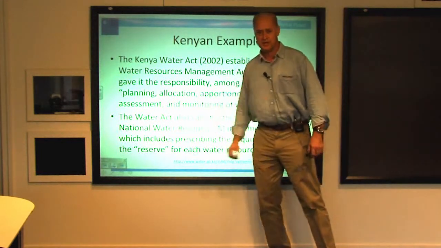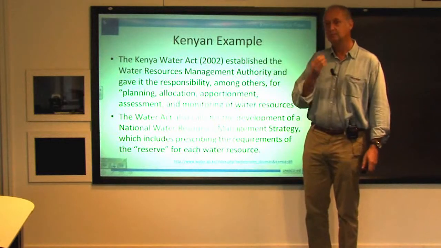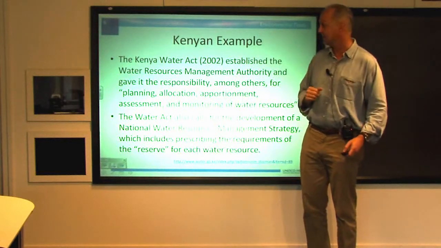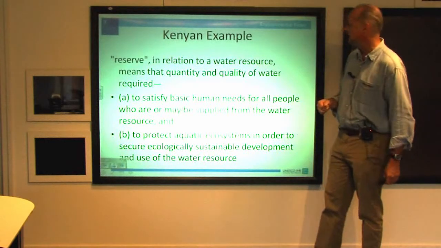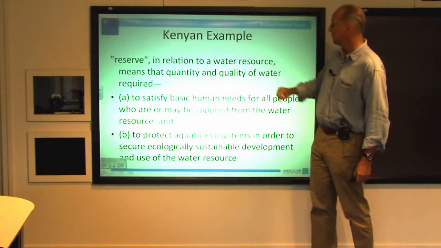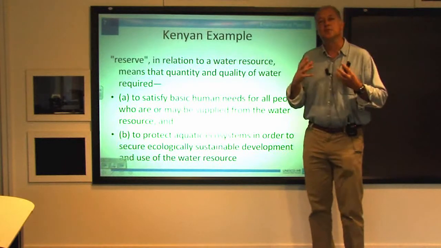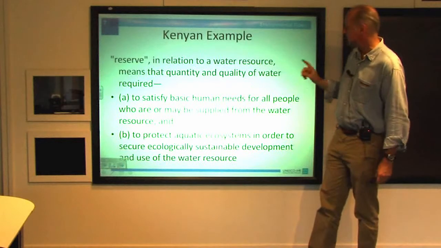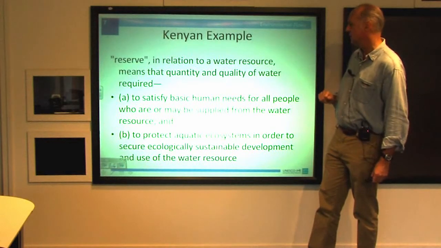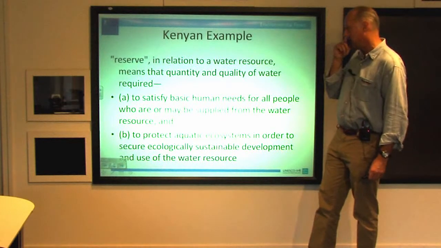The reserve here is the critical term, and in the law we can seek a definition of the term reserve, and this is what we find. The reserve in relation to water resources includes two components. The first component is the satisfaction of basic human needs for all people who are or may be supplied from the water resource.